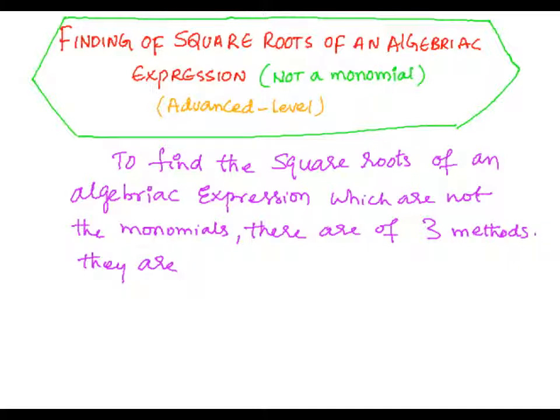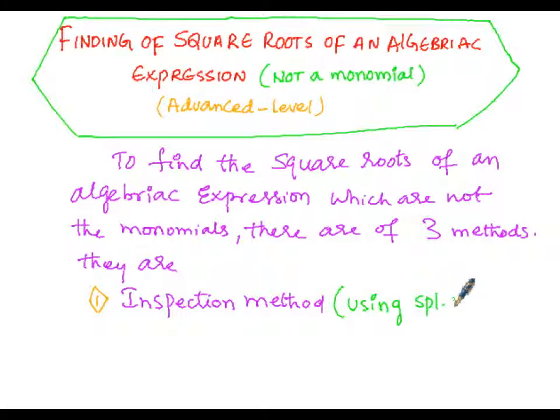number one, the first method is the inspection method. Here in this particular inspection method, we will be using the special products such as a plus b whole square, a minus b whole square, a plus b plus c whole square, and so on.